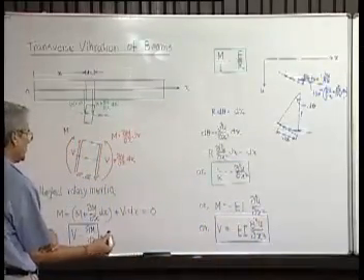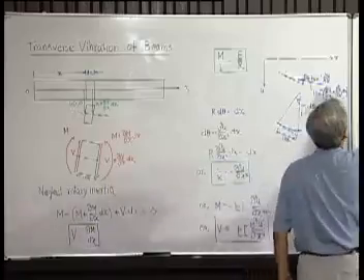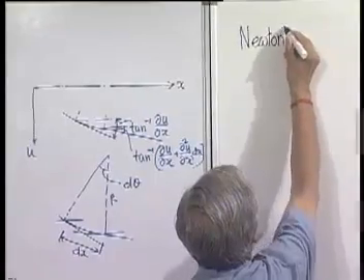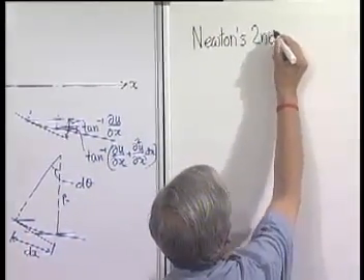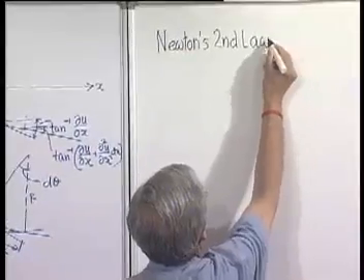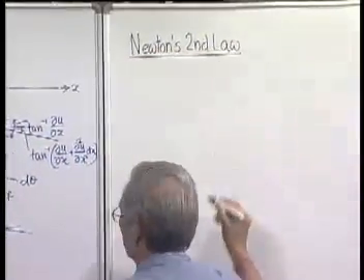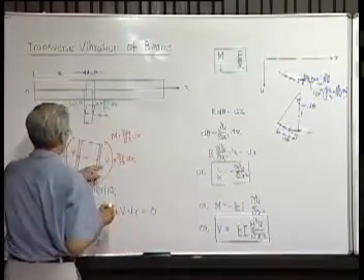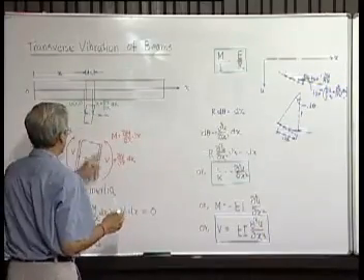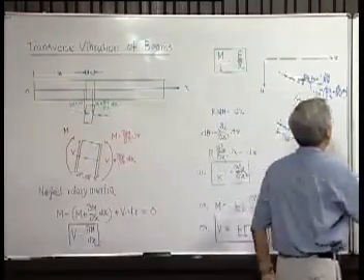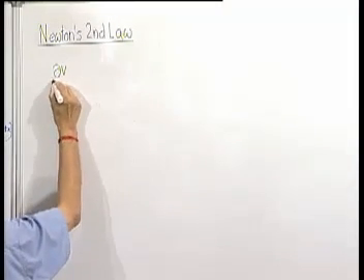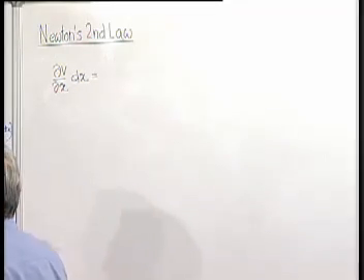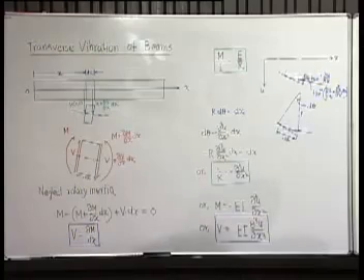Next we come to, again as usual, Newton's second law. The total force acting on this in the transverse direction is V plus del V del x dx minus V. So, the resultant force is only del V del x into dx, and this must be equal to the acceleration of the element in the transverse direction multiplied by its mass.